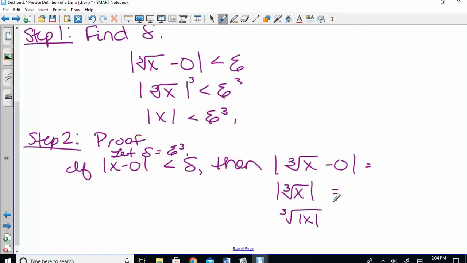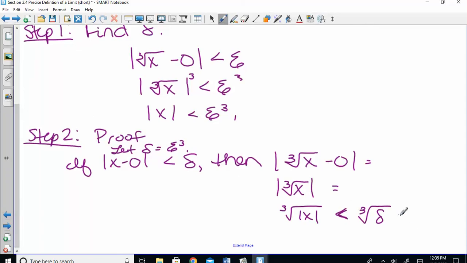Because I know that the absolute value of x minus 0 is less than delta, so this is the cube root of the absolute value of x, so that would have to be less than the cube root of delta. So I've got my cube root symbol over my delta. So we have the less than that we needed. We're trying to get an epsilon. But what is delta equal to? Epsilon cubed. The cube root and the cube cancel, and we get the epsilon. So we have proven it.